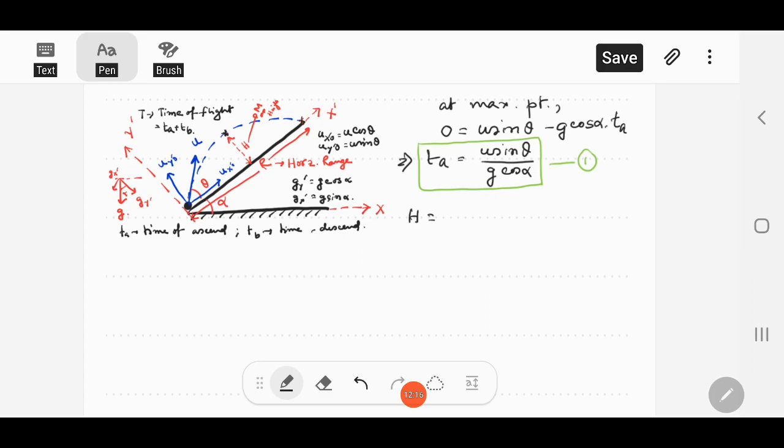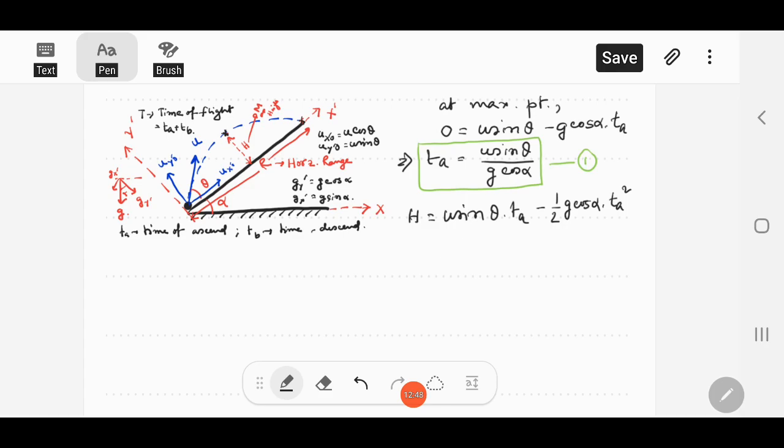That will be equal to the initial velocity u y dashed 0, which is u sin theta, into ta, the time of ascent, minus, because g cos alpha is directed downwards and u sin theta is upwards, half g cos alpha ta square.